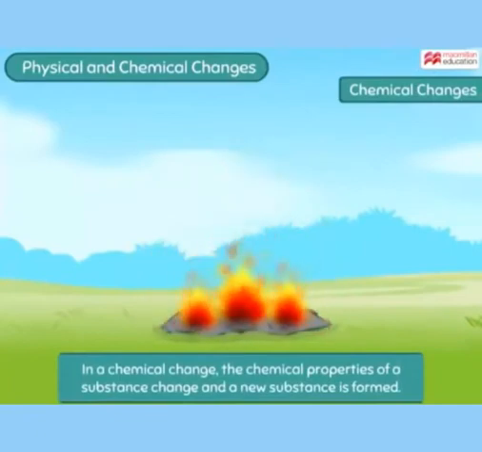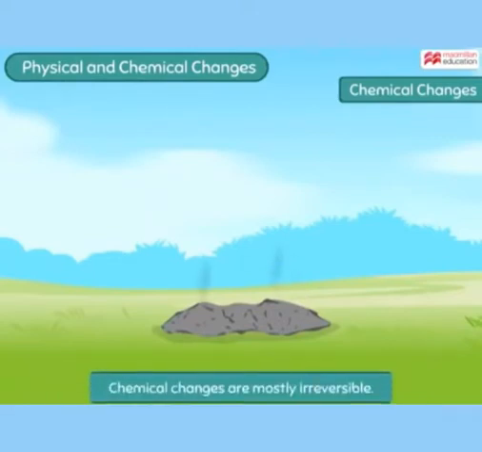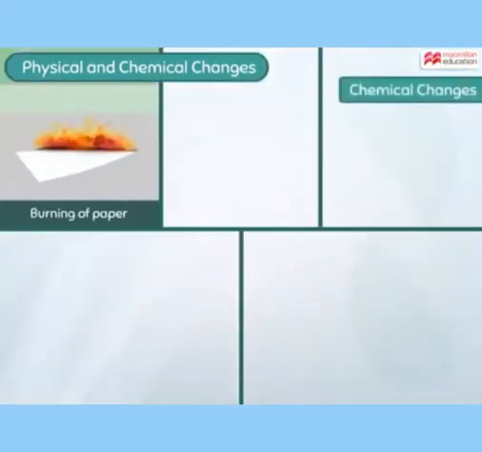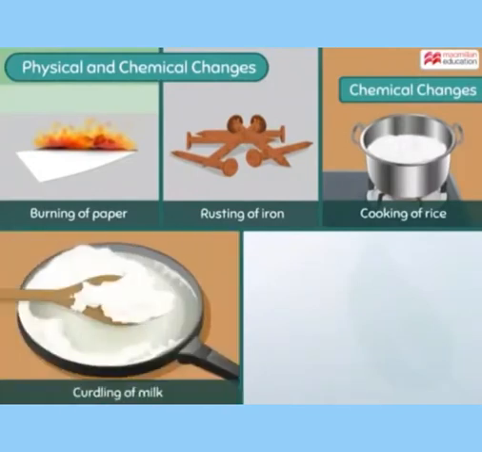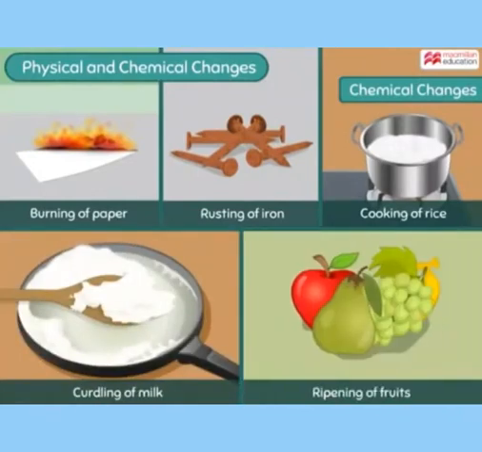So, in a chemical change, the chemical properties of a substance change and a new substance is formed. Chemical changes are mostly irreversible, that we cannot get back the same thing. For example, burning of paper, rusting of iron, cooking of rice, curdling of milk and ripening of fruits.